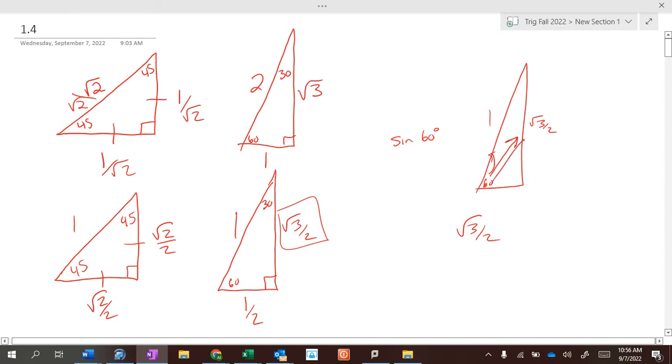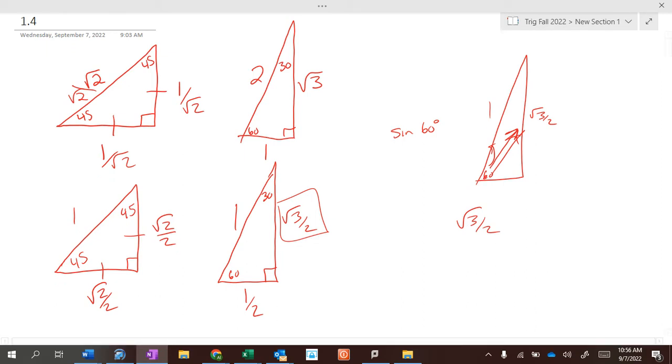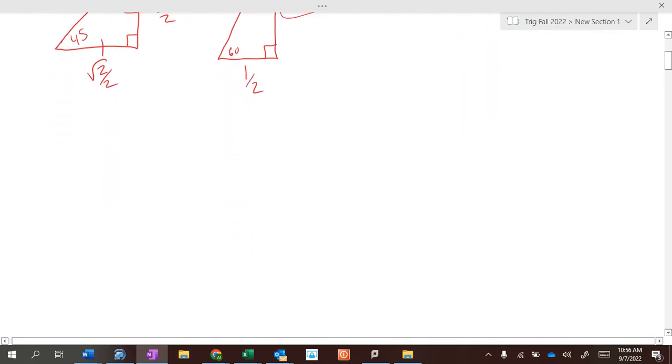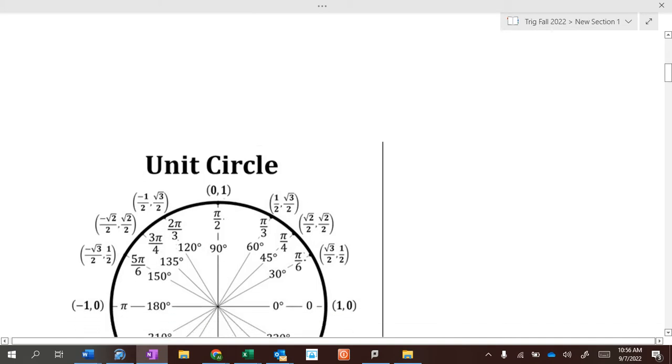So sine of 60 degrees is just basically the opposite side. When your hypotenuse is 1, it makes everything so much simpler, okay? So in a 45-degree angle, the sine is square root of 2 over 2. The cosine is square root of 2 over 2. Life is easy, right? If we only had a diagram to help us out with all that.